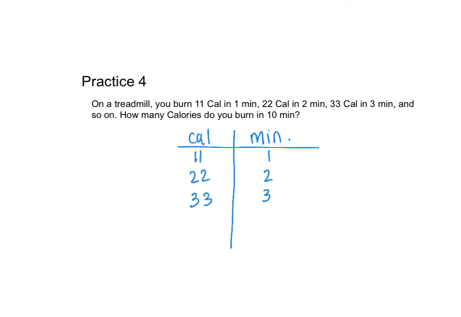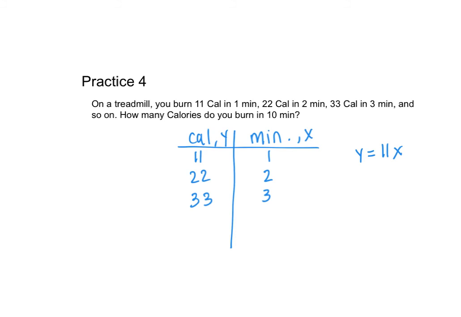I've noticed a pattern. If you guys did as well, that's good. Each minute, you burn 11 calories, okay? So this could be written as, if this is x and this is y, let's say that y equals 11x.